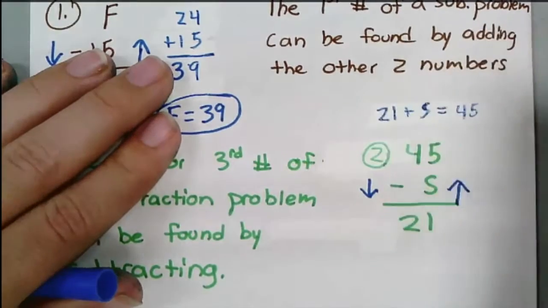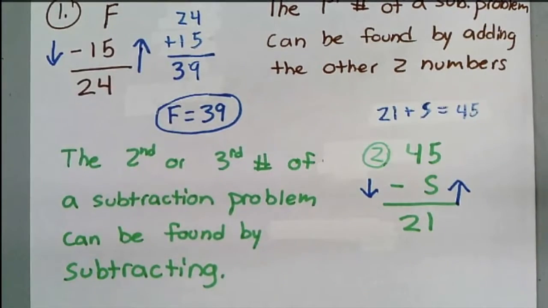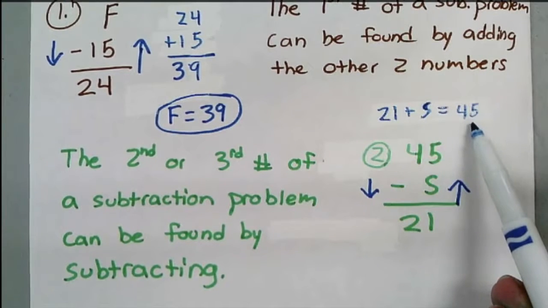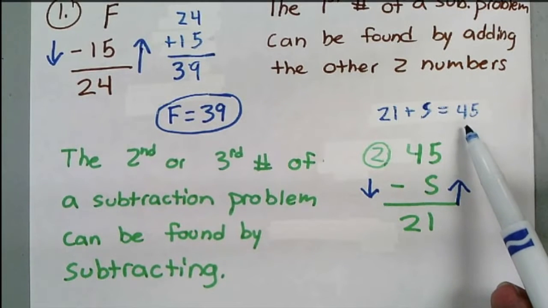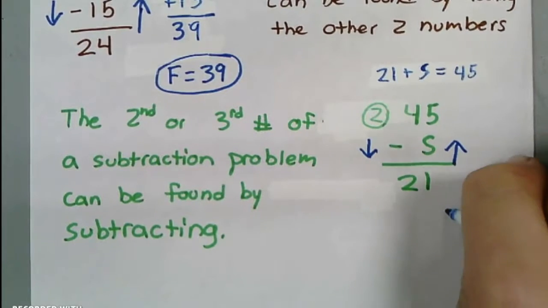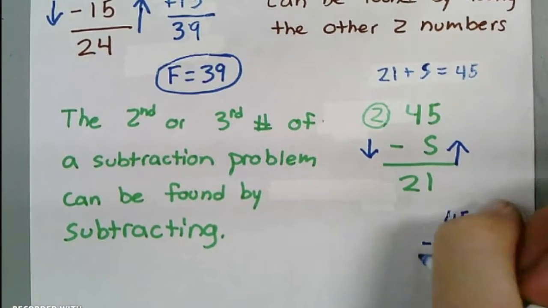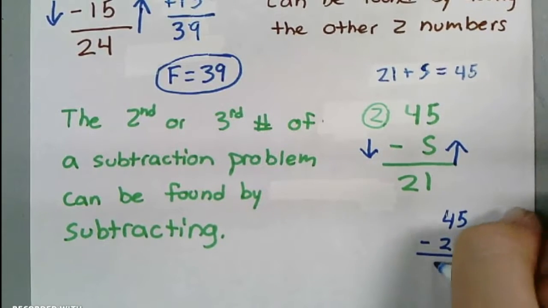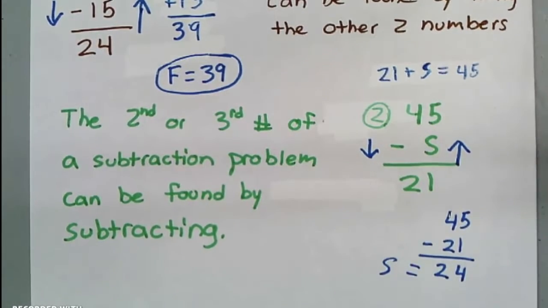Now this is just like the problem that we were doing before with addition. So 21 plus a number equals 45. We're going to undo it with subtraction. So 45 minus 21 is how we're going to solve it. 45 minus 21. And so S equals 24.